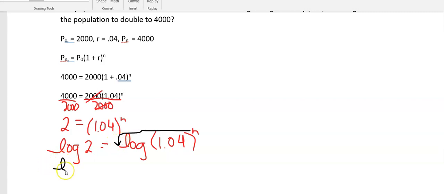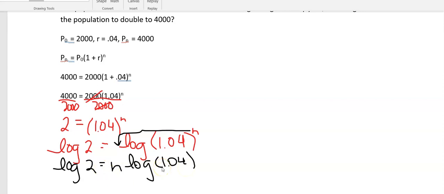All right, so I'll have log of 2 and n times log of 1.04. And now let's go ahead and enter both of these into the calculator, log of 2 and log of 1.04.